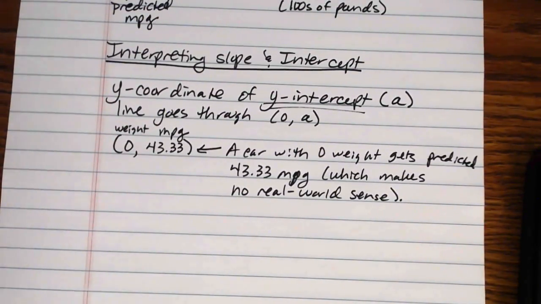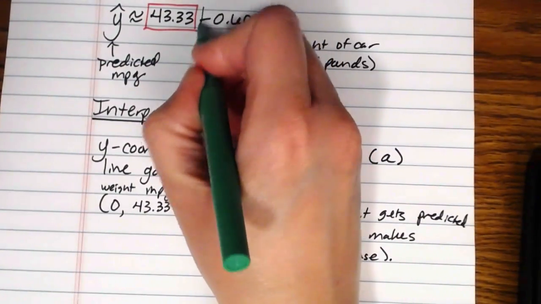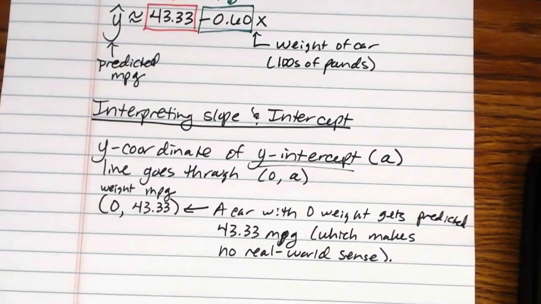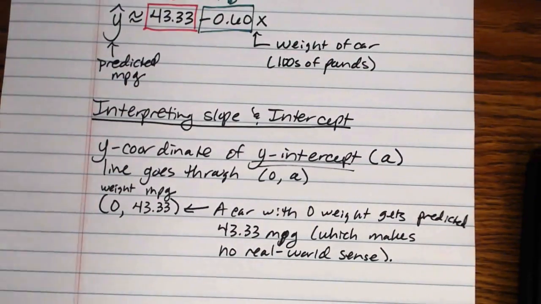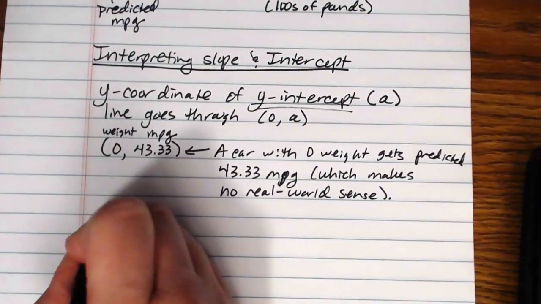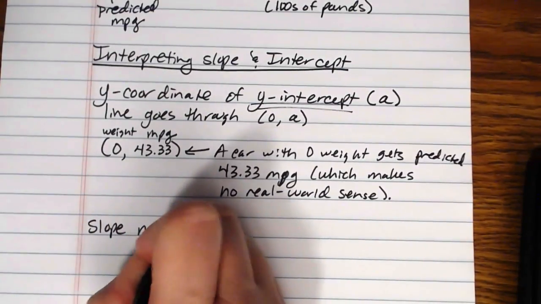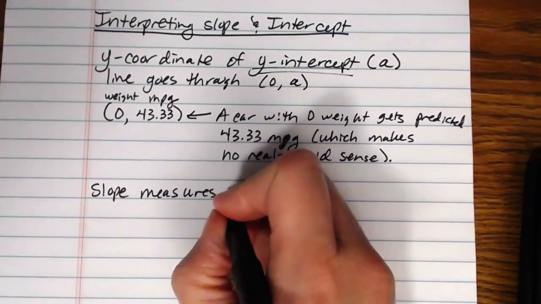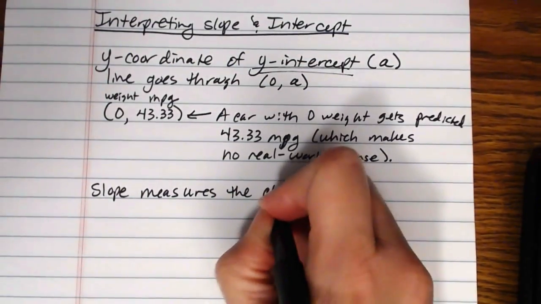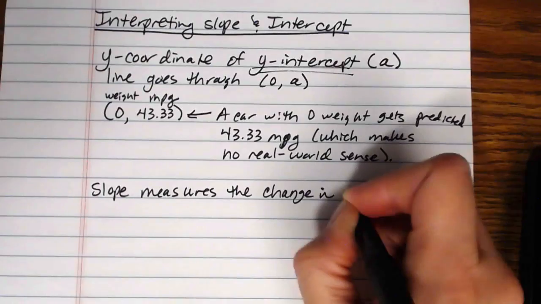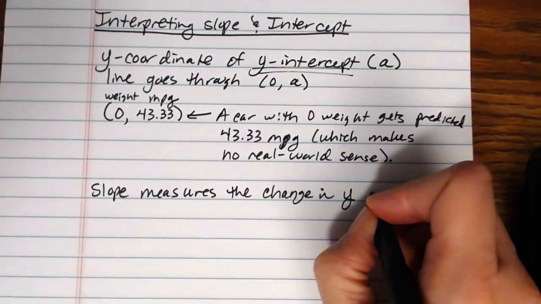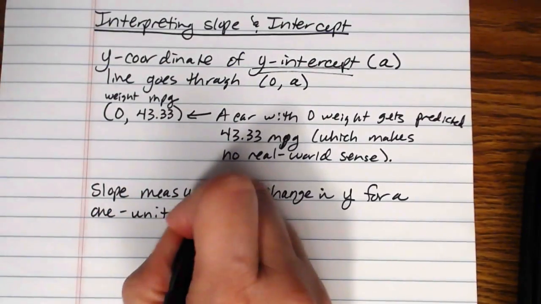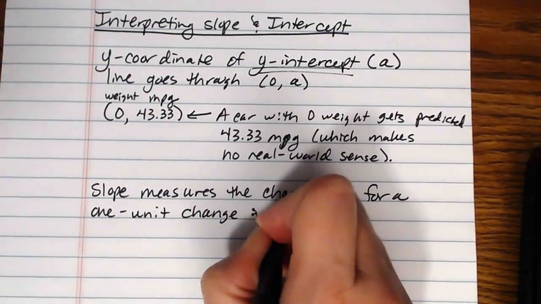Then, if we come back up here and look at the slope, that's this piece, the thing that your calculator will call b. Slope is a rate of change. So slope measures the change in y, whatever your y variable is, for a 1 unit change in x.